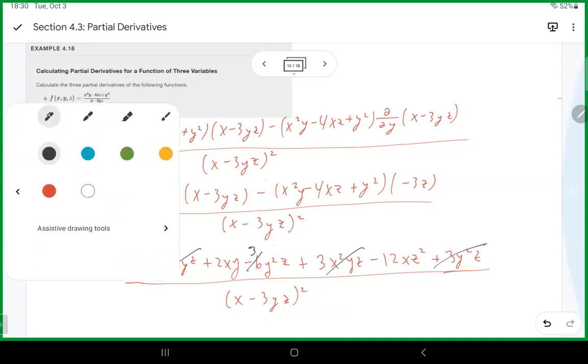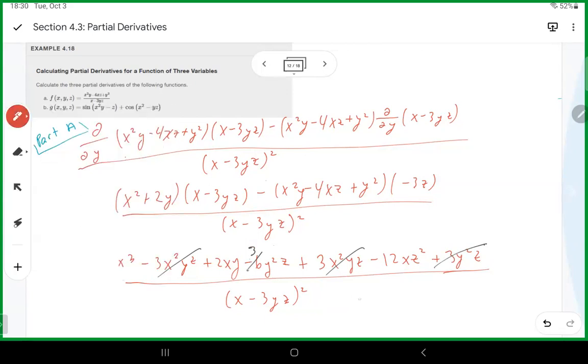I think that's it. So here we have x cubed plus 2xy minus 3y squared z minus 12xz squared over x minus 3yz squared.